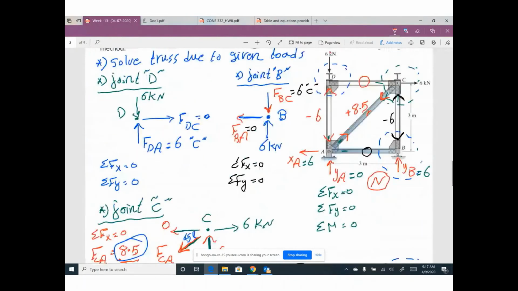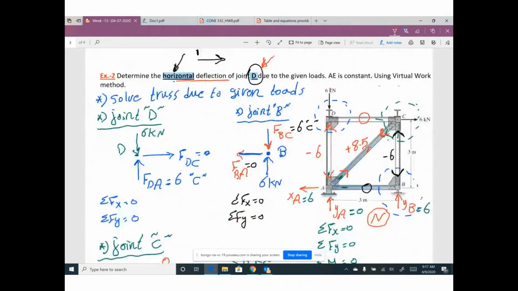Guys, the length of each member, any vertical member, 3 meter, 3 meter, 3 meters. The inclined one, you can get it 4.24 meter.